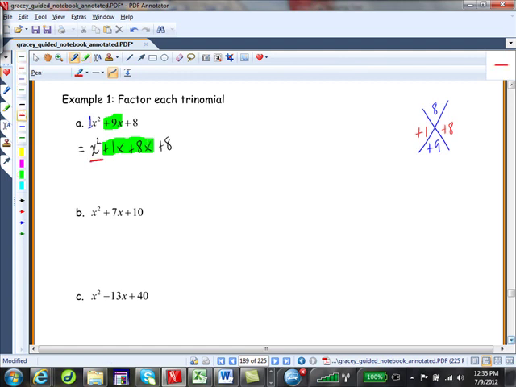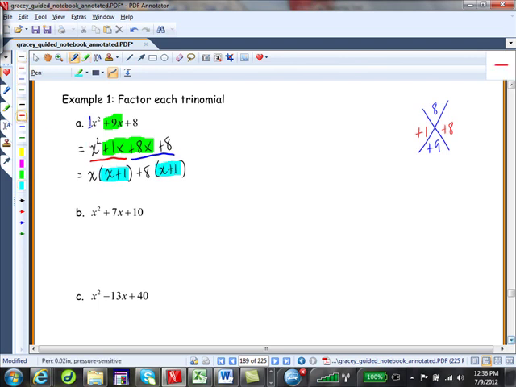We're back to the red group, blue group situation. Do you see that from the red group I can factor out an x and I'm left with an x plus 1. And from the blue group I can factor out an 8 and I'm left with x plus 1. Now if you did it correctly, you will get a common binomial factor.